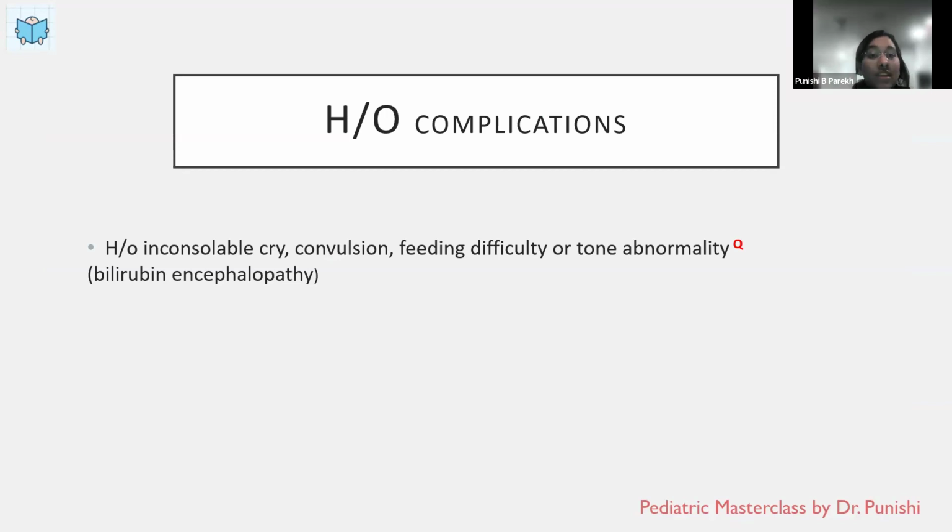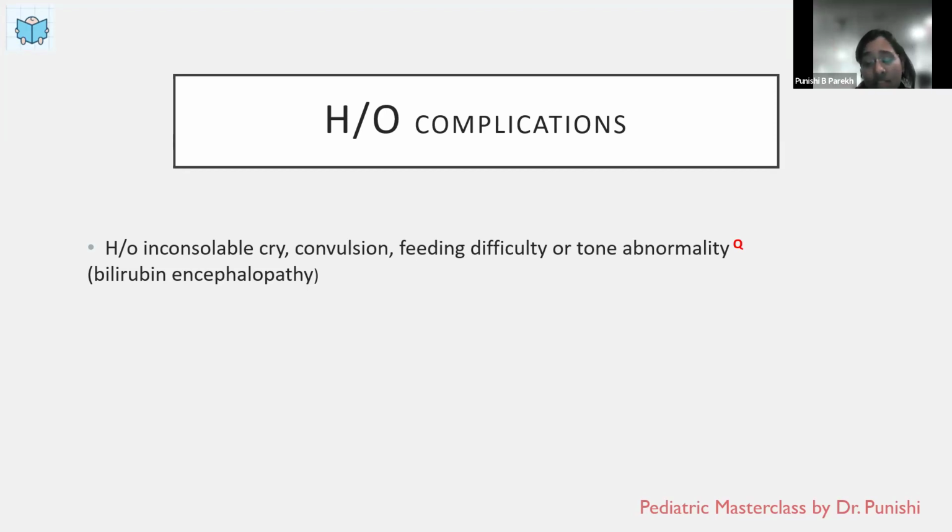So there's history of inconsolable cry, convulsions, significant lethargy, feeding difficulty, or tone abnormality, whether hypo or hypertonia. All of these are suggestive of possible bilirubin encephalopathy. So you don't really want the jaundice to reach a stage where it's affecting the CNS, and that's why it's important to identify jaundice, identify the cause of jaundice, and treat it in the right time.